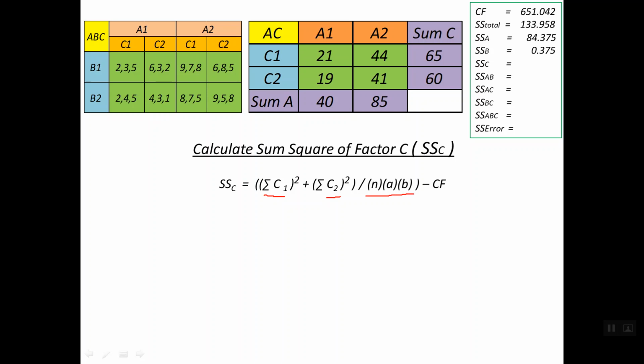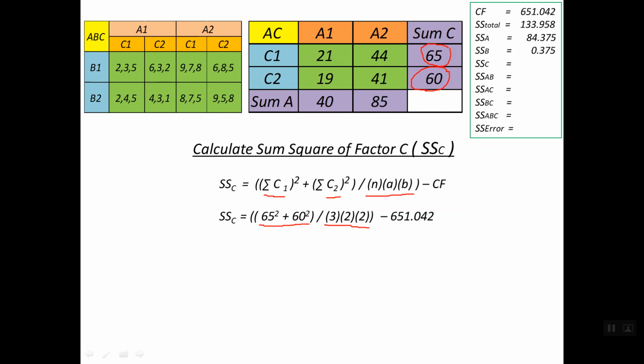Notice they are the same. So C1 is equal to 65, so we square the 65, plus C2, which is 60, divided by the number of observations for C1 or C2.